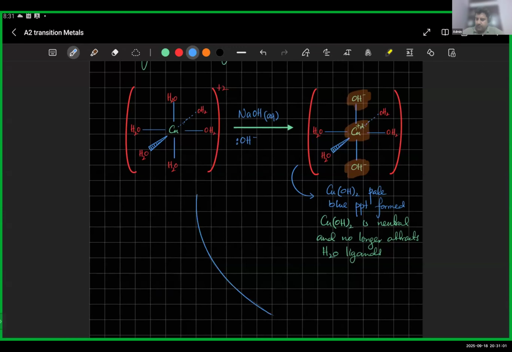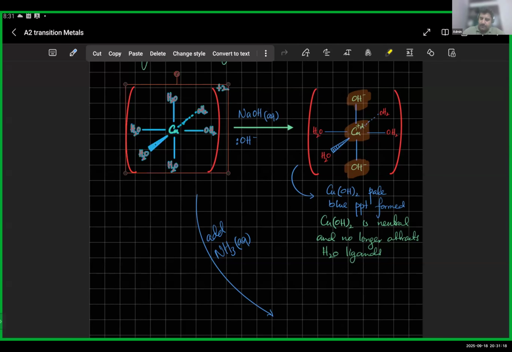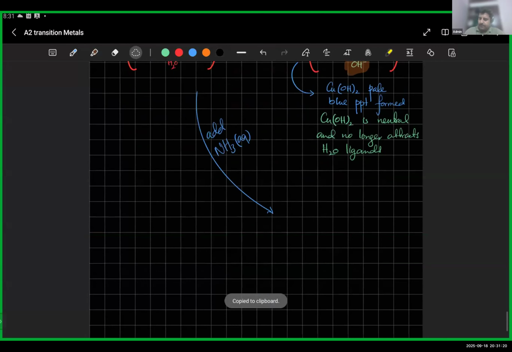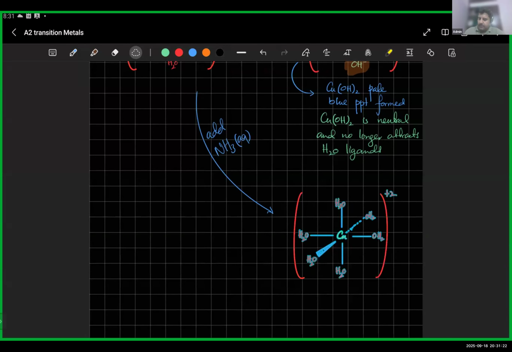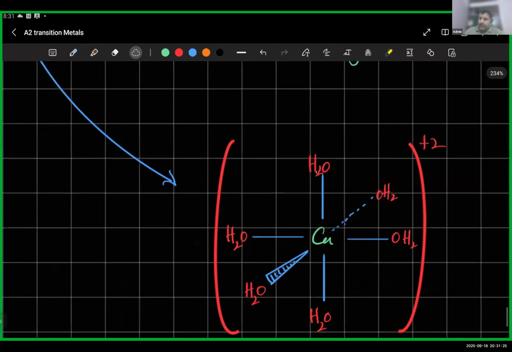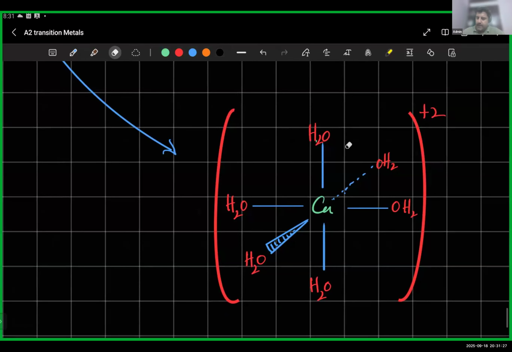Now, what happens if I add ammonia to it? So we add NH3 aqueous. I'm going to start substituting the water molecules with ammonia. We had water and now the water is getting knocked out and ammonia is taking its place.